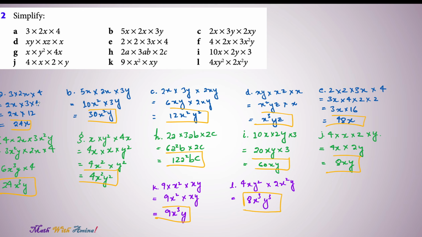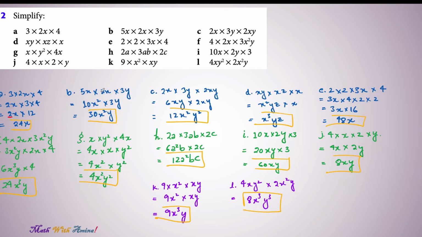Multiplying the constants together we get 12, and then multiplying the coefficient, the coefficient of x is 2, 2 multiplied by 12 is equal to 24. Since there is only one variable, we will write it as it is next to the number, which is the coefficient of x. This 24x is our final simplified form of this expression.